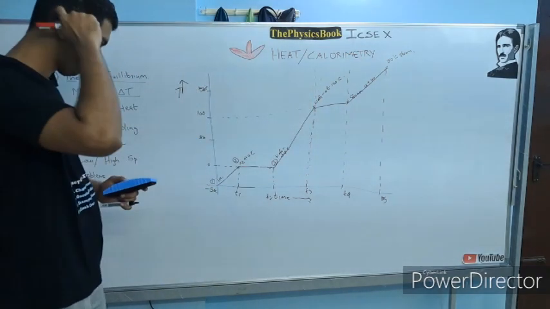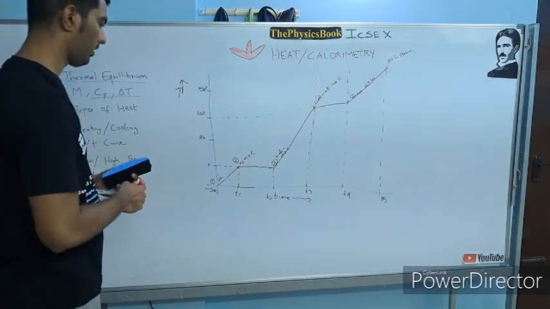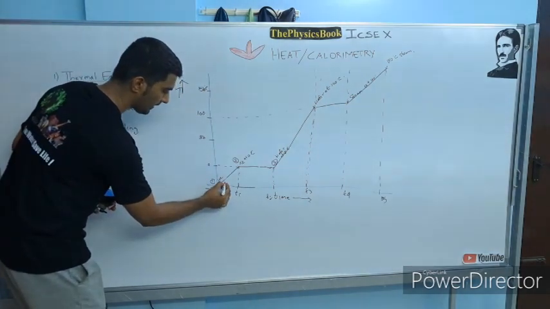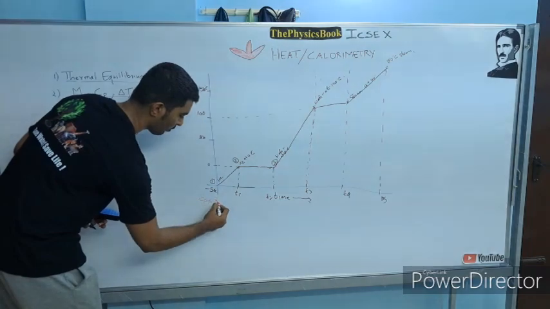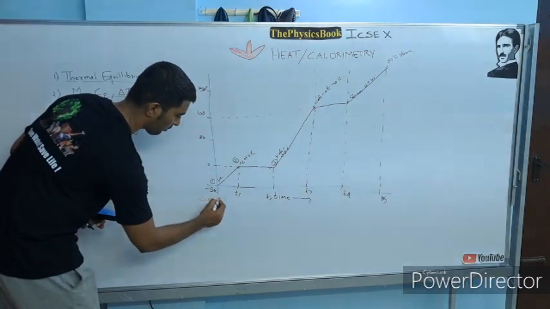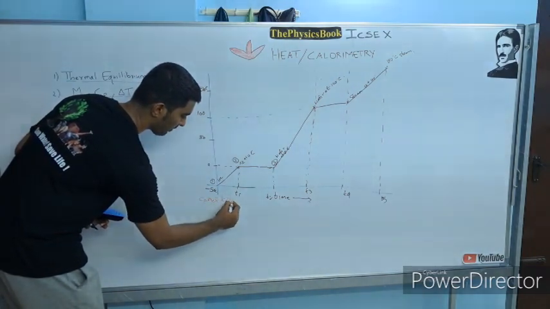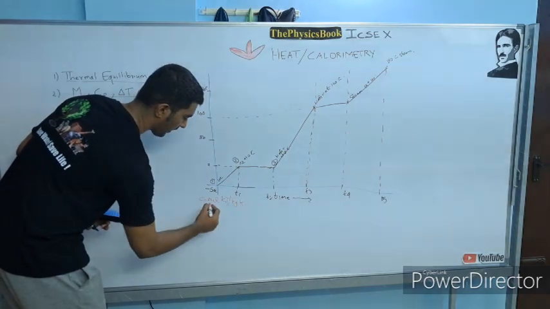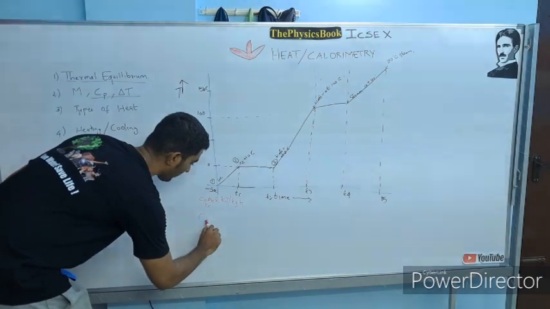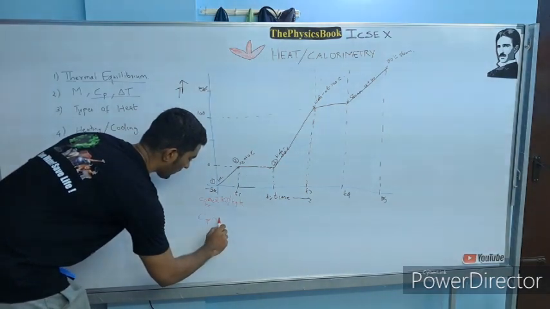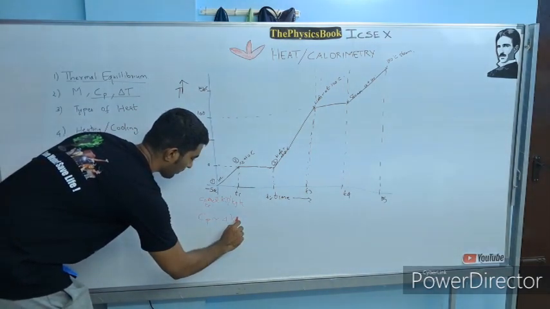This is because, and this is very, very important, ice has a specific heat capacity of closely 2 kilojoules per kilogram Kelvin. For water, the same specific heat capacity is approximately 4 kilojoules per kilogram Kelvin.